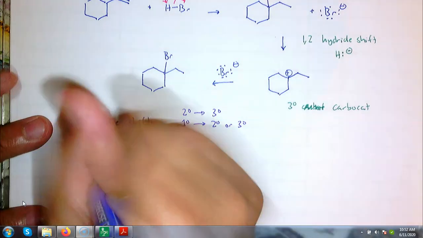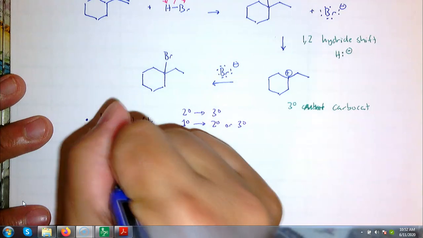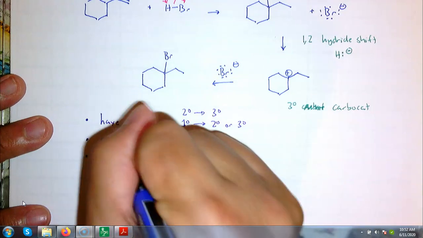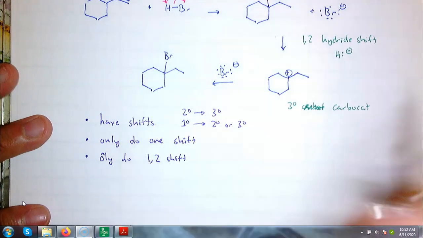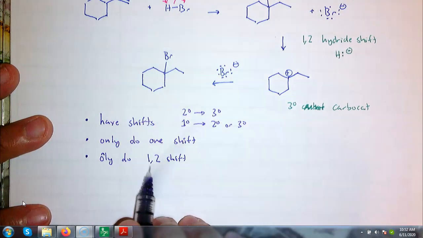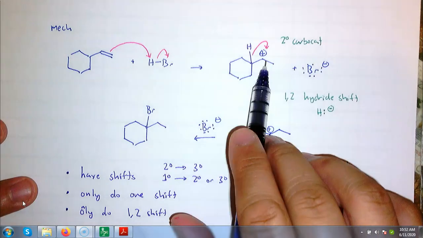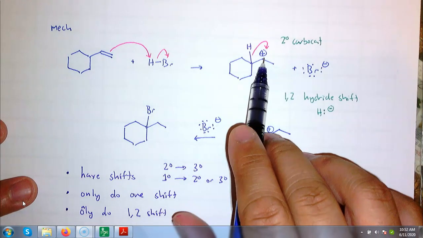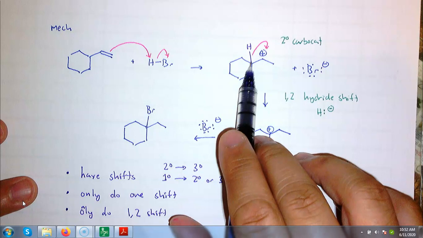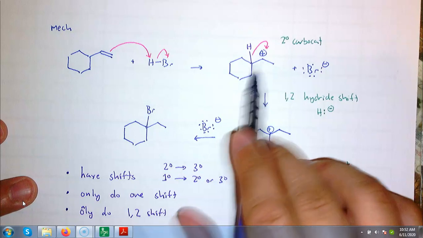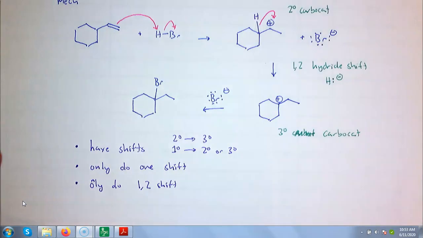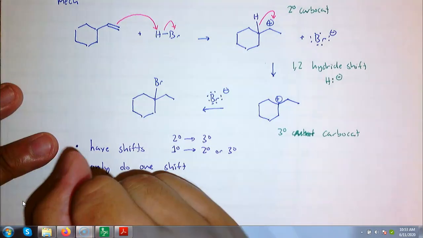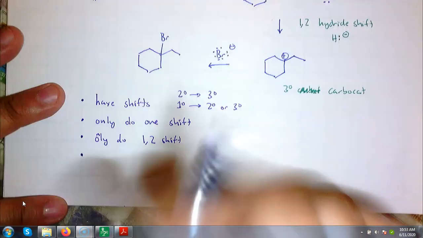The last thing is that you could only do what's called a 1-2 shift. A 1-2 shift is just shifting a group next to its neighbor and have the carbocation jump and replace the spot. So it's a 1-2 relationship. They're next to each other. Okay, that's it. Oh shoot, this is actually really important.